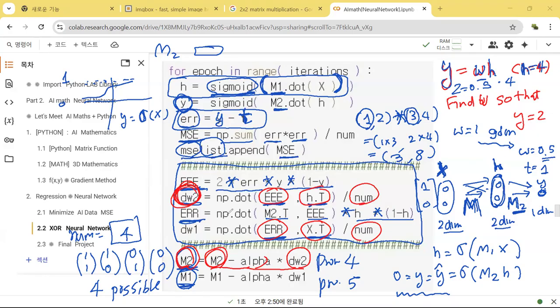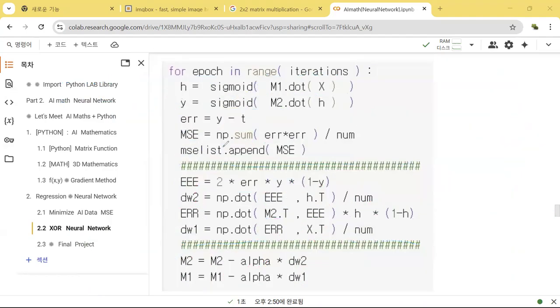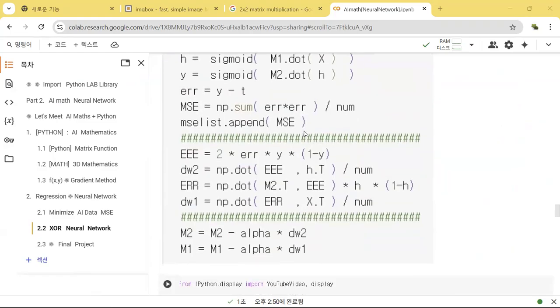And then DW1 is ERR dot product X transpose divided by norm. From DW1, you can get the updated M1 value. Okay? So this is the fundamental, the main algorithm for the AI code of the XOR neural network.